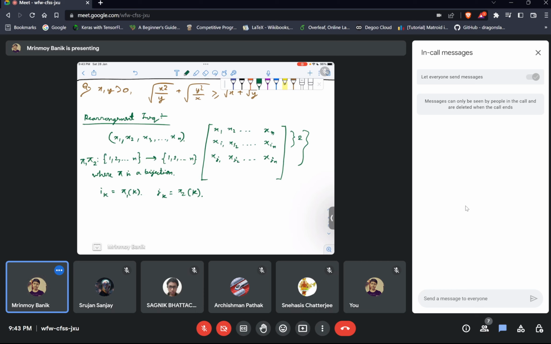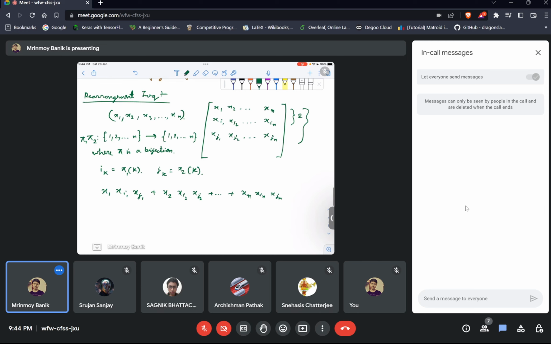Then you can say the sum of the products, so we write it in long form: x1 xi1 xj1 plus x2 xi2 xj2 up till xn xin xjn, is less than or equal to x1 cubed, x2 cubed up till xn cubed.